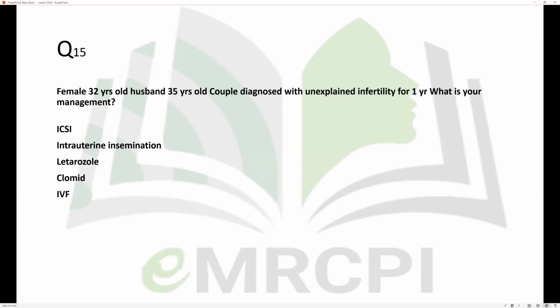The intrauterine insemination is the first line management of unexplained infertility in the ISHRI guideline, and the Irish guideline also has endorsed the same recommendation. So if I ask you, my friends, the intrauterine insemination with or without induction?